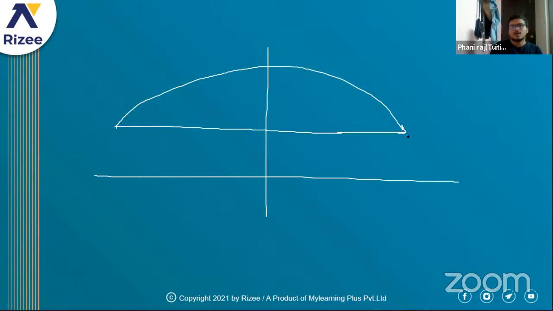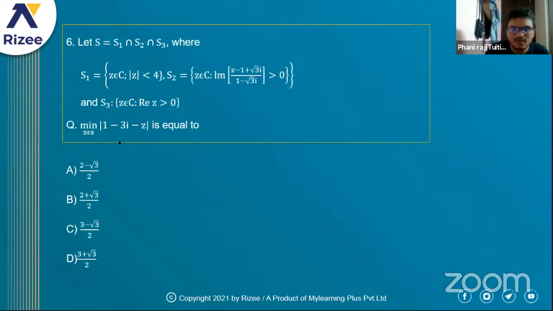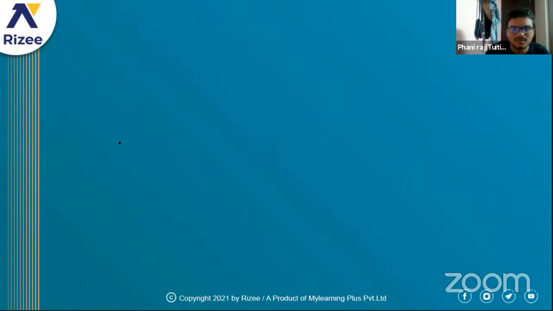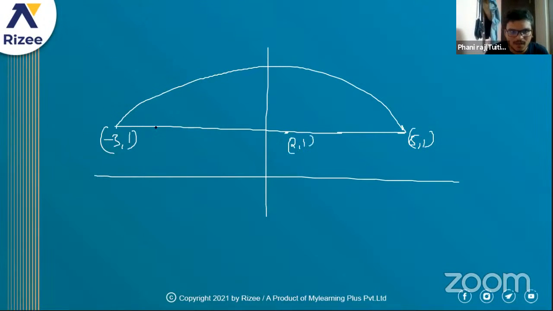This was 5 comma 1. This was minus 3 comma 1, or minus 2 comma 1? 1 minus 3 is minus 2, no? Let me check. Okay, minus 1 comma 1 is the center. This is our Z.